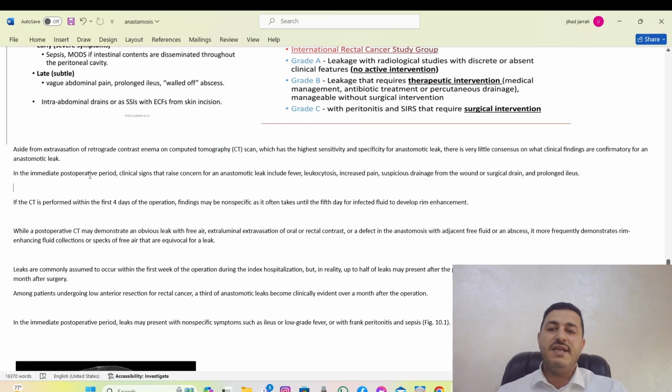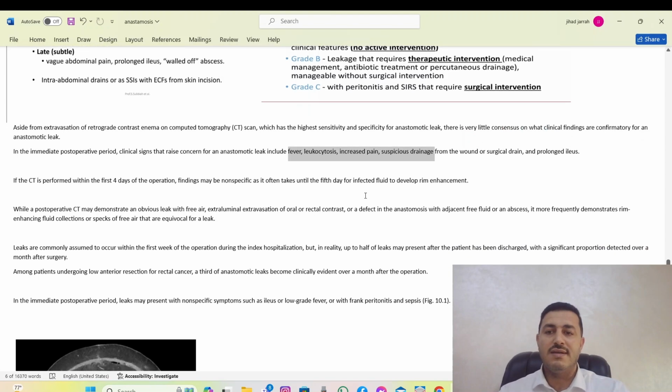So in the immediate post-operative period, if we have early leak, which is rare in the lower GI, we can find fever, leukocytosis, pain, suspicious drain content, prolonged ileus.